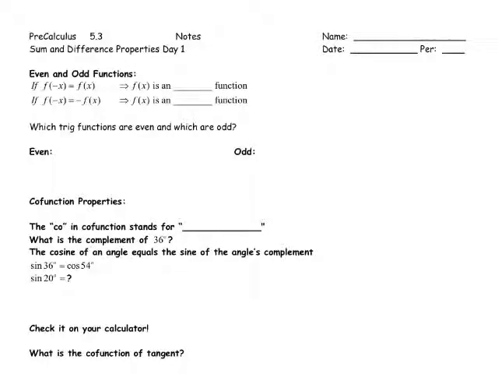All right, so this is going to be the back of your formula chart in 5.3, and we start with odd and even functions, and this is on your formula chart as well. But to be an even function means that it is symmetric about the y-axis. So if we think about the two trigs that are symmetric about the y-axis, that's going to be cosine.